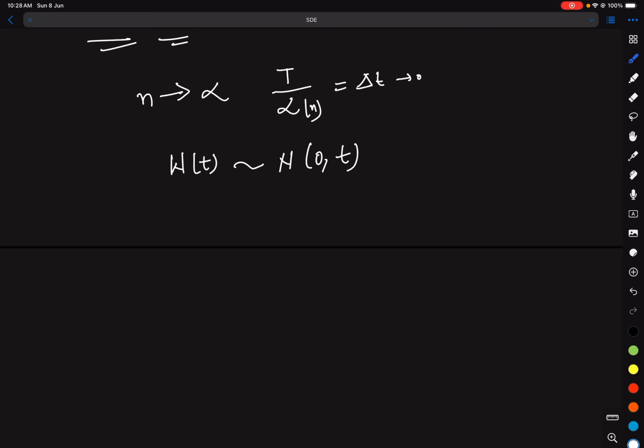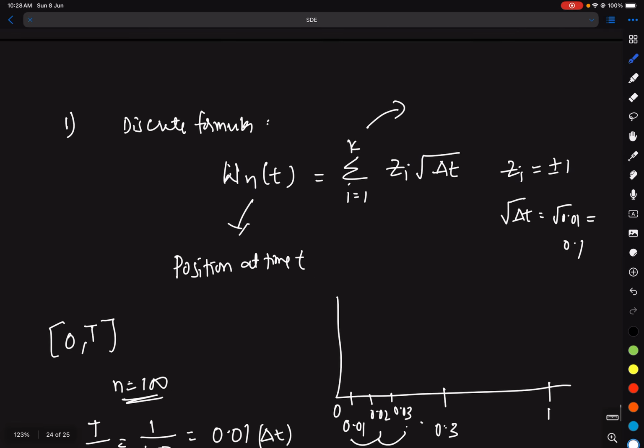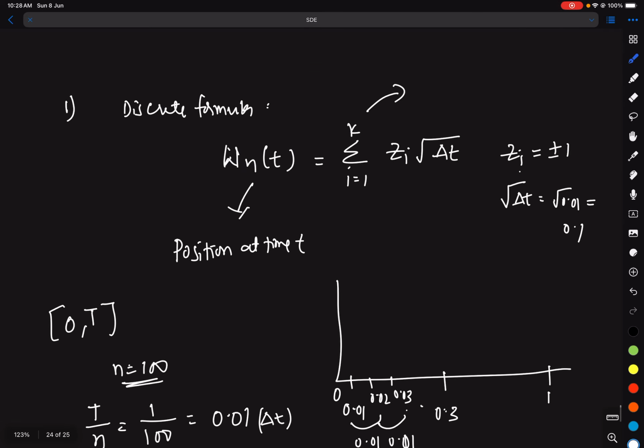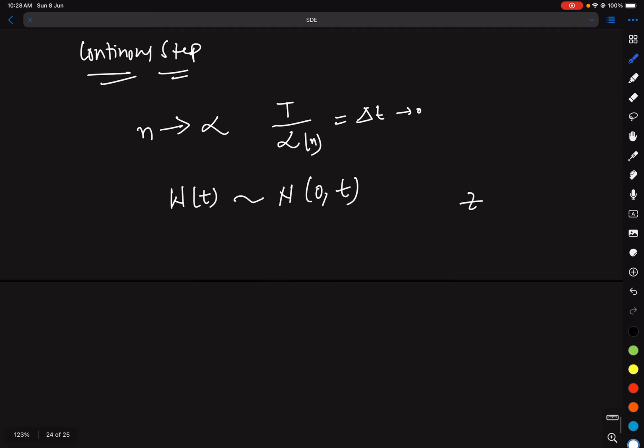Another detail we need to understand: in our discrete example zi is a random step, either plus or minus 1, right? In continuous, zi is a continuous value. We can take it from minus infinity to infinity.